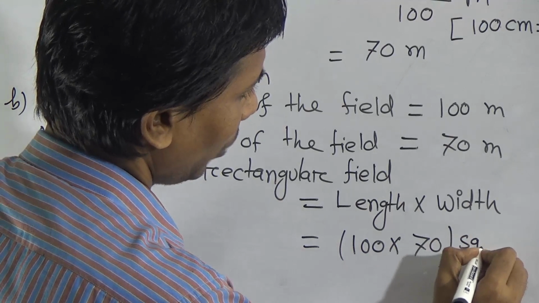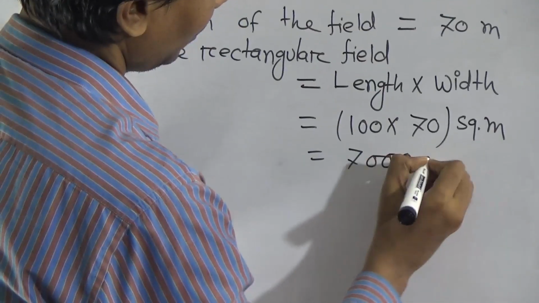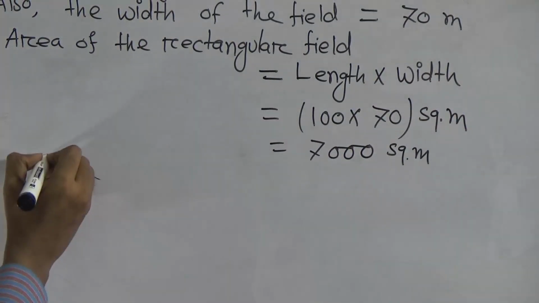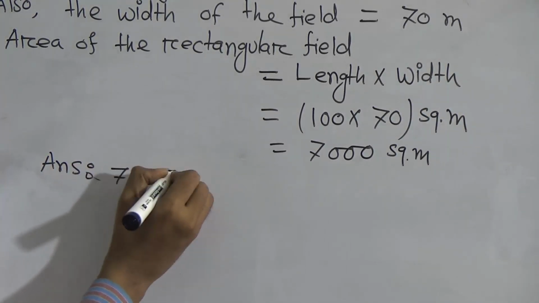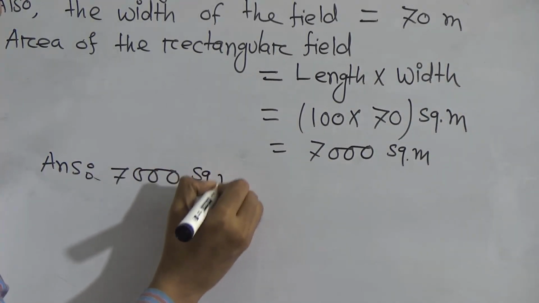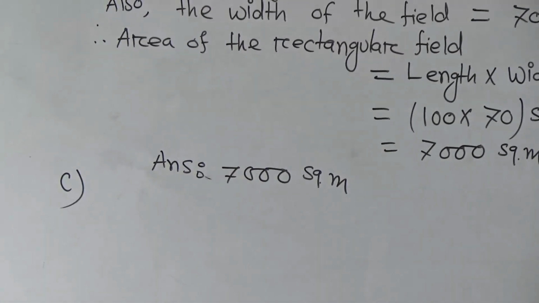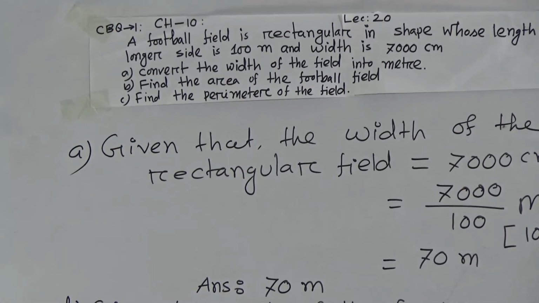Square meter. Now write the answer, square meter. Now I'll solve the question number C. Find the perimeter of the field.